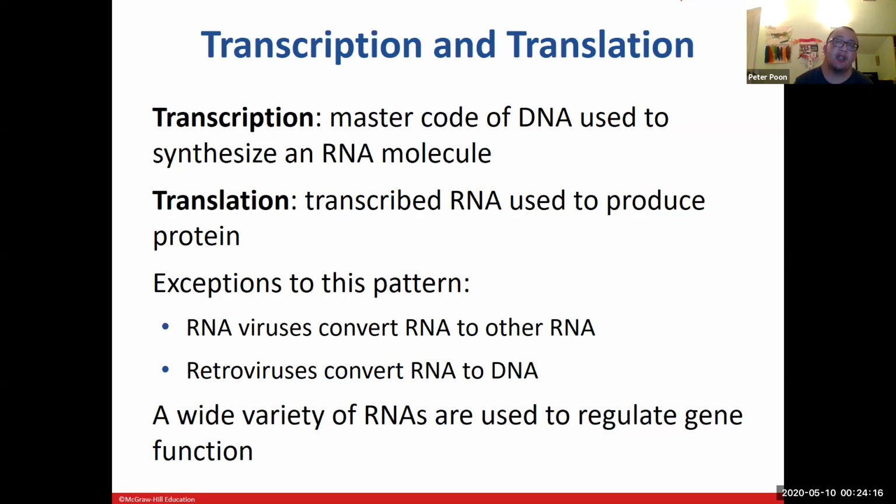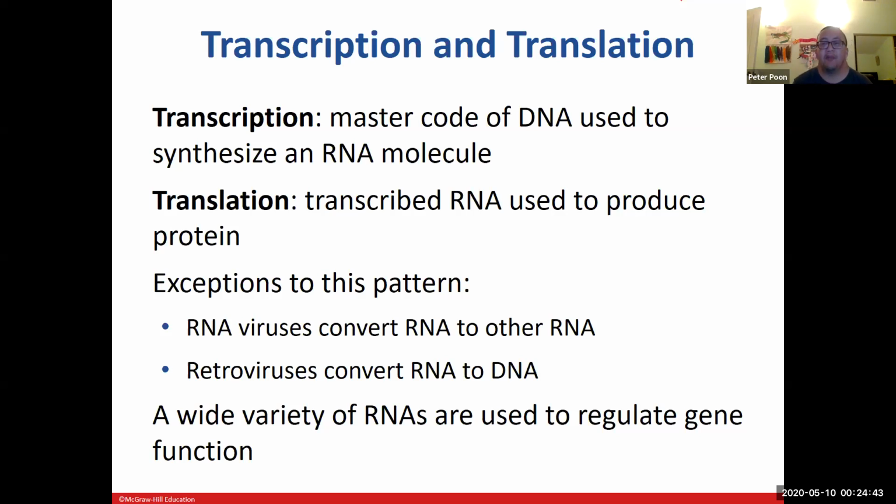Transcription is when the master code of DNA is used to synthesize an RNA molecule. Translation uses RNA to produce protein. There are exceptions to this pattern. RNA viruses convert RNA to RNA, like the COVID-19 virus. There's no such thing as a DNA sequence of the COVID-19 virus.